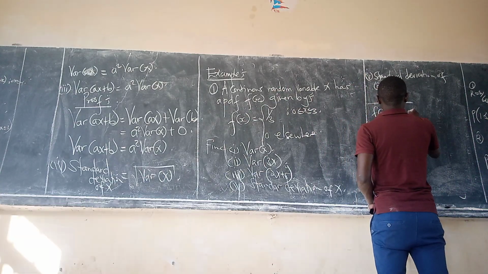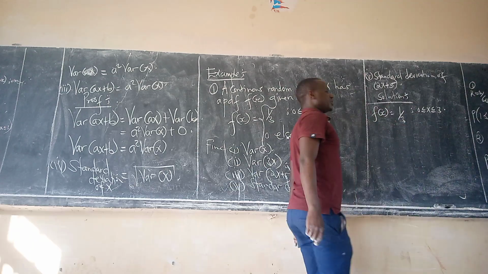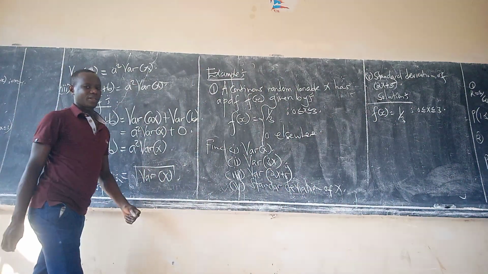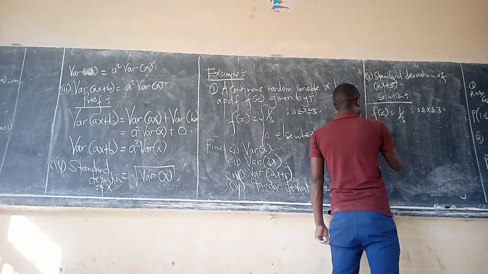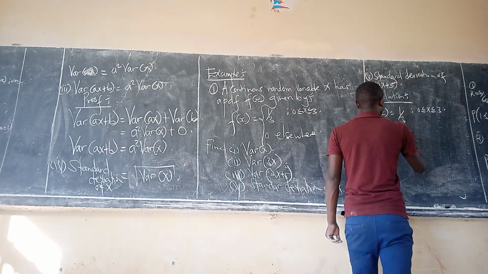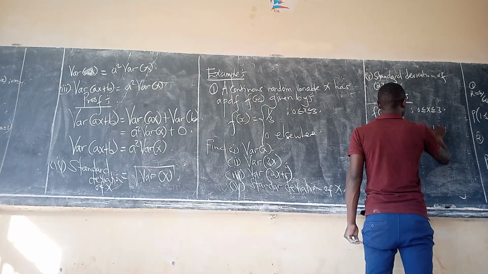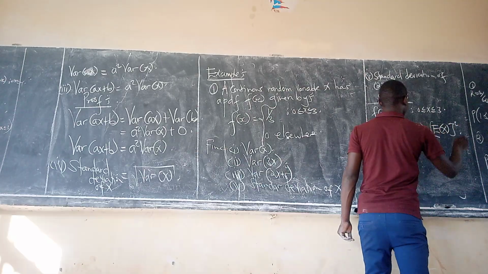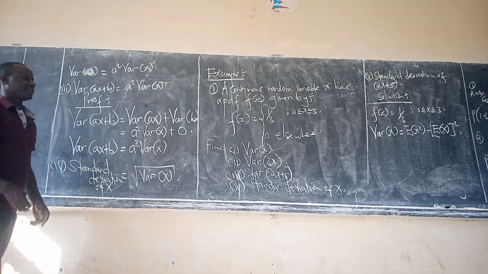It is a third when x lies between 0 and 3, and it is 0 elsewhere. So our variance of capital X is supposed to be the expectation of x squared minus the expectation of x, the whole thing squared. So we are going to find each part separately.